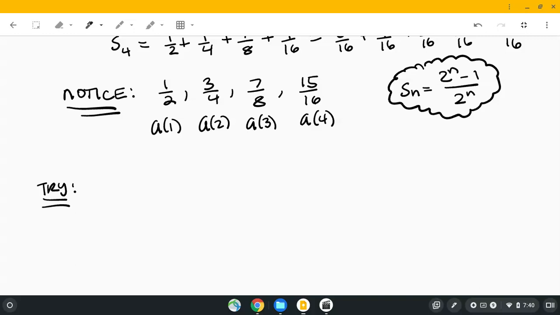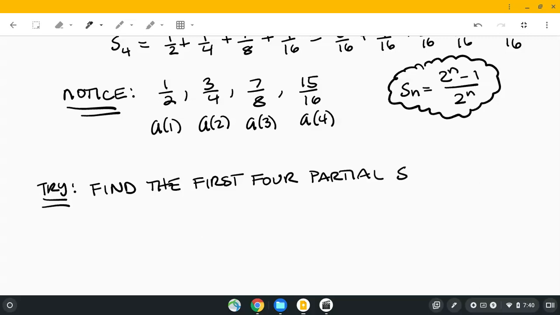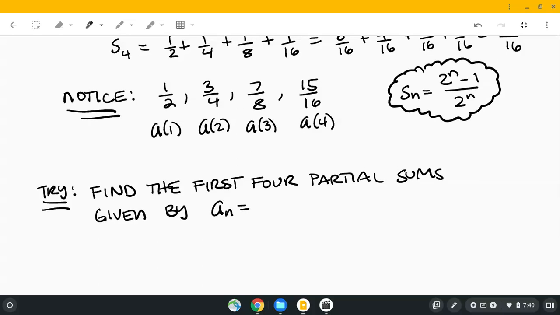Find the first four partial sums given by a_n equals 1 over n minus 1 over n plus 1.